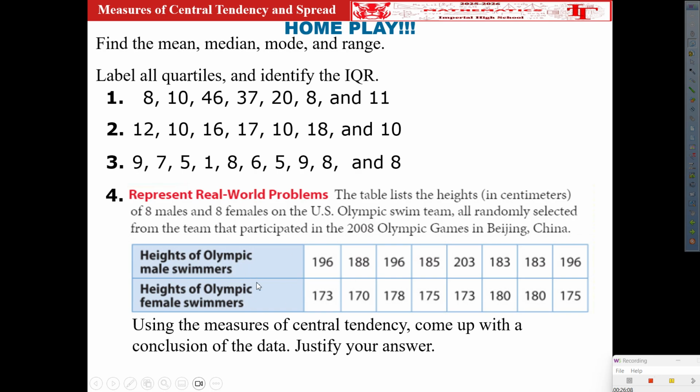Oh, they want you to compare the height of male swimmers versus female swimmers. So, you know what to do with these. If you want to divvy up the work with your neighbor, that's fine. But when you get to this one, make sure you answer the question in regards to using the measures of central tendency, come up with a conclusion of the data and justify your answer.